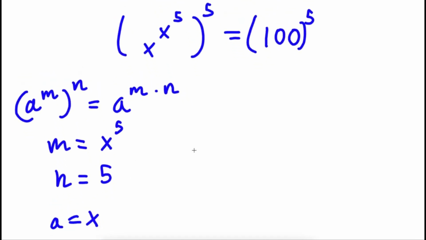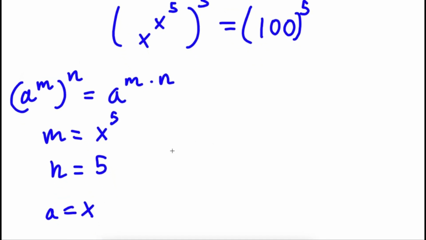So this would be the same thing as a to the power of m times n. So in this case, x to the power of 5 times 5. And now this is equal to 100 to the power of 5.